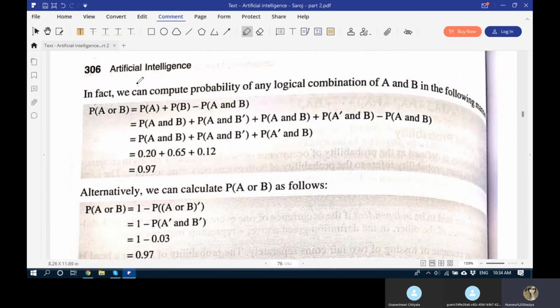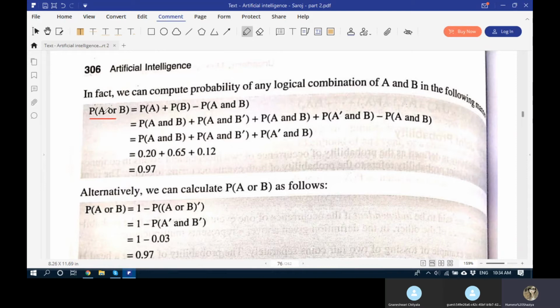Next, we can compute probability of any logical combination in the following manner. We know the axioms and we know the values. If you just go on computing, then you can get values of different combinations.